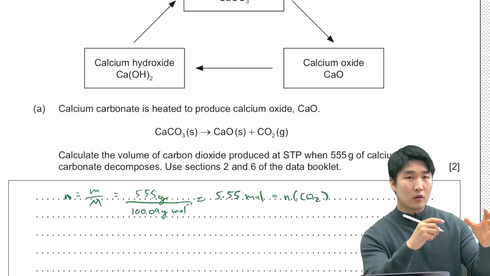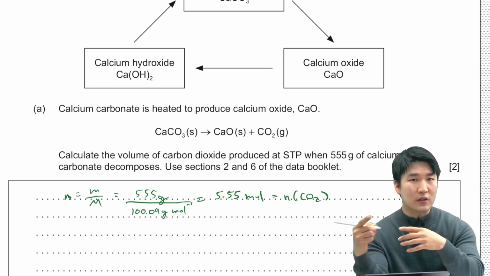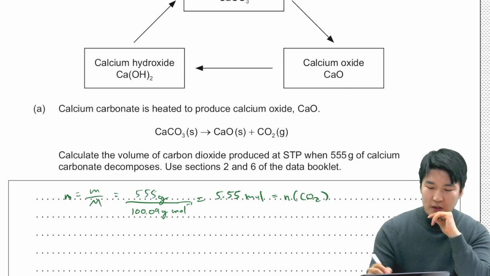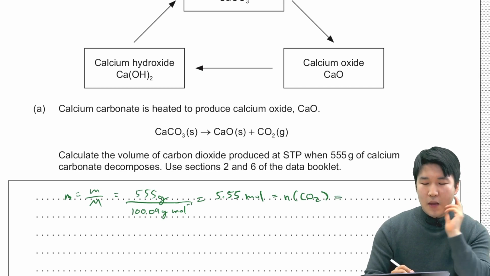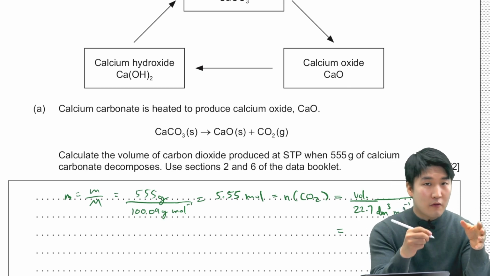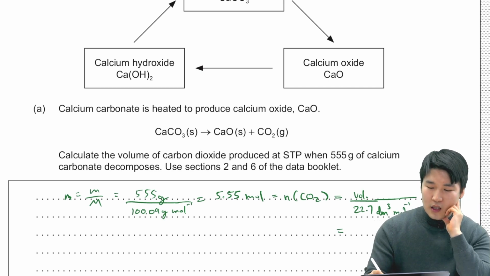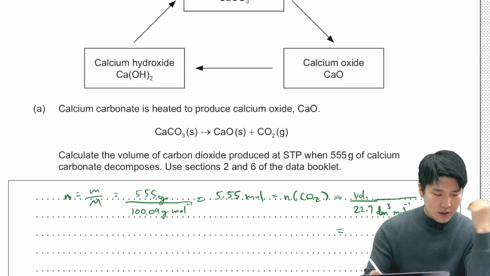Because there is a 1:1 molar ratio of calcium carbonate to carbon dioxide, which means that the amount of carbon dioxide will also equal its volume over 22.7 dm cube per mole, which means if we multiply 5.55 mole by 22.7, we will be given the volume of carbon dioxide.